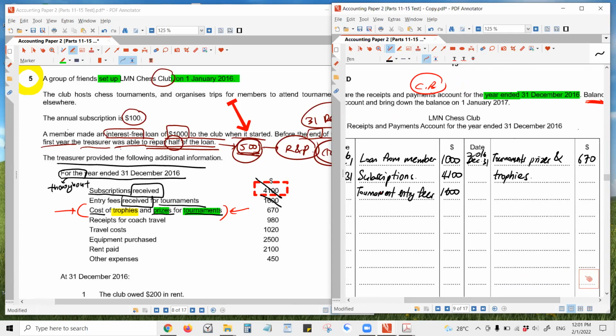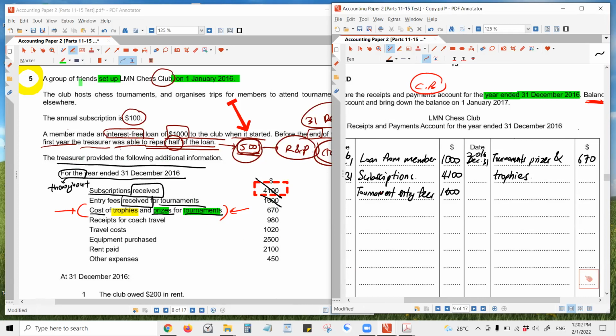You could be thinking, why do I use December 31st? It could very well be that I'm paying this amount of 670 on the last day of the year. But what if it is paid on some other date throughout the year? Do you know the exact date of making this payment? We do not know, right? That's why you choose the year end. That's the last possible day to make payment for this 670.